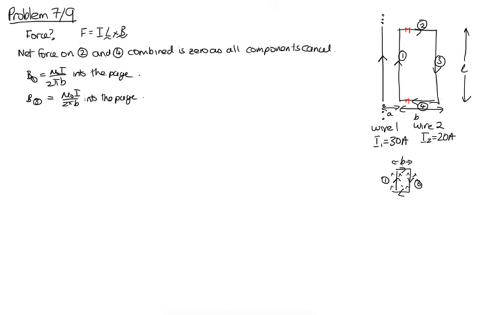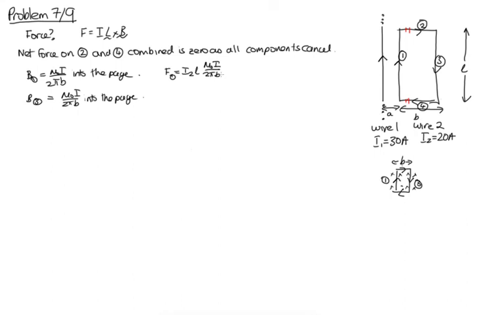If we now consider the force on these two sides, F on 1 due to 3 is given by I, well it's I2 because we've got current 2 flowing through here, L, the length is just little l. These are at right angles to each other, so this cross product is just times sine 90, which is 1, and this is mu naught I over 2 pi B.